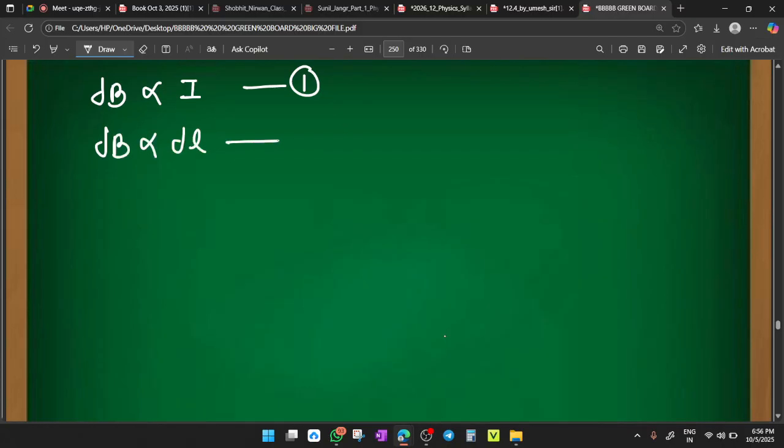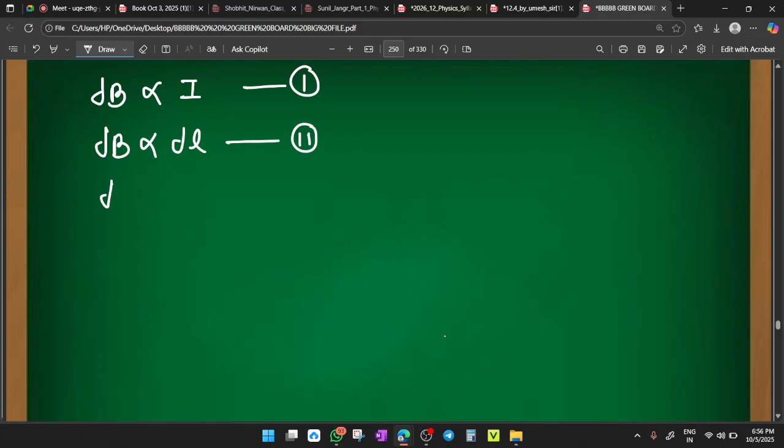I am writing here. First, dB is proportional to I, the current in the conductor or current in the current element. Magnetic field intensity is directly proportional to the current in the current element. Second, dB is proportional to dl.